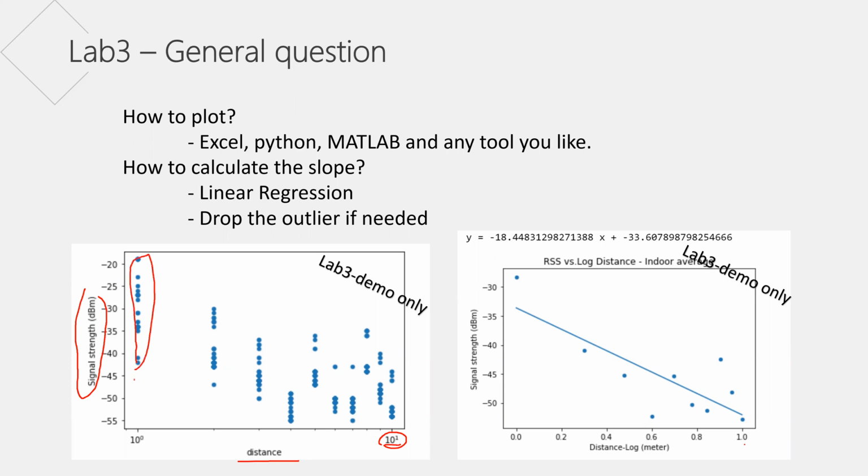This one is for 1 meter, and this one is for 2 meters, 3, 4, 5, 6, 7, 8 to 10. The second graph will be like this. The x-axis and y-axis are the same, but we only use the average value of each distance to plot our graph.